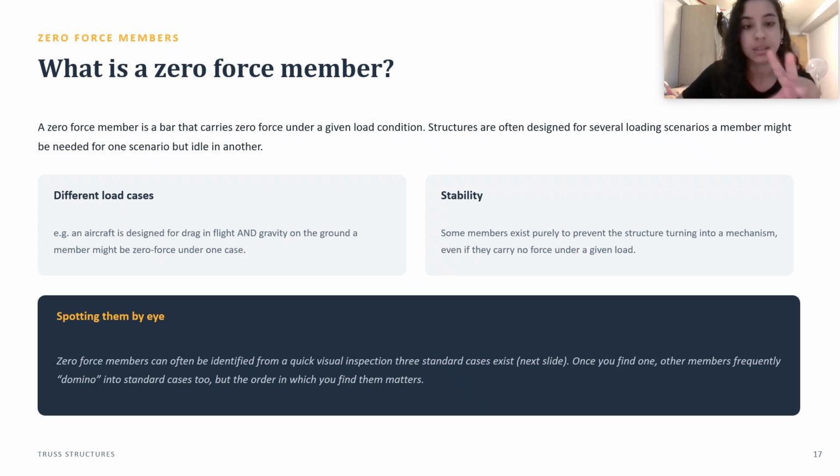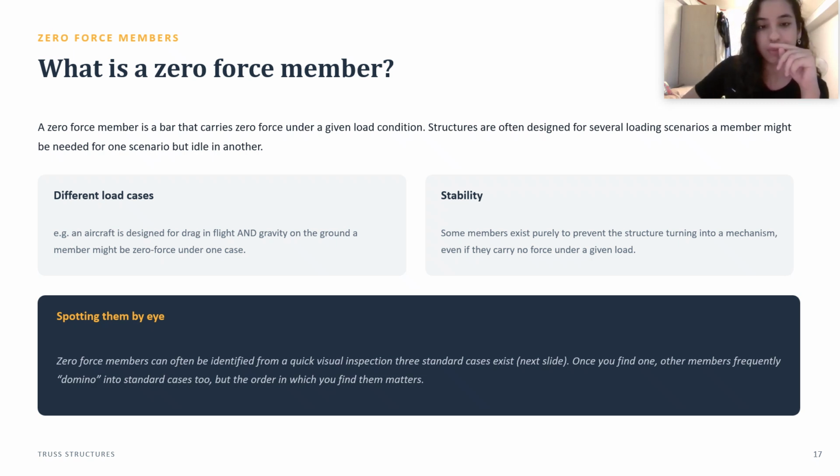There's times when this structure could move and turn into a mechanism. We keep that bar because remember, a bar means it can take away 1 degree of freedom.